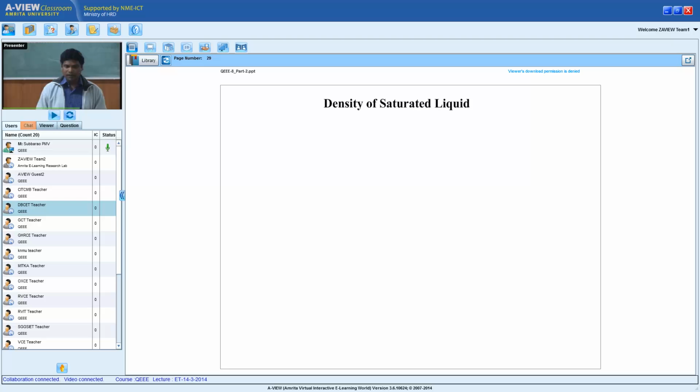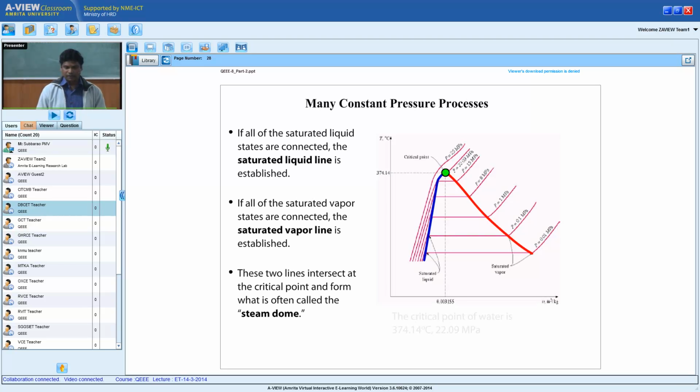Finally, people wanted to get an equation for this, isn't it? I need to know the equation of this blue line and the equation of this red line. It is very important to know. Without knowing this, I don't know whether this substance is fit for an application or not.